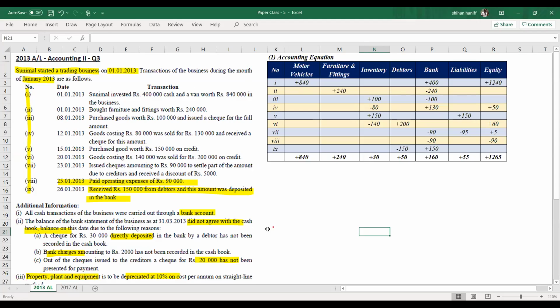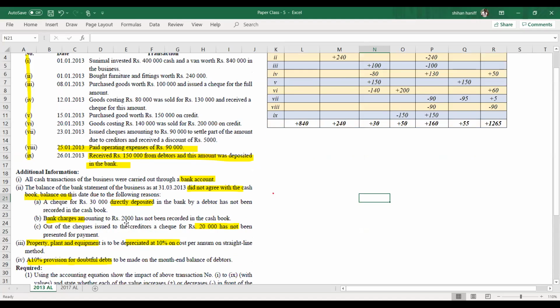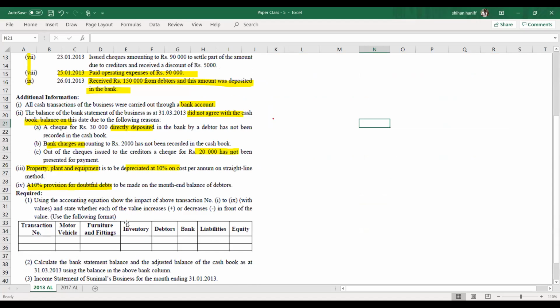In part 2, calculate the bank statement balance and the adjusted balance of the cash book as at 31st March 2013 using the balance in the above bank column.